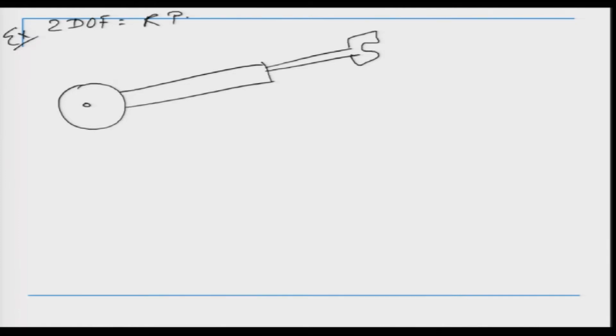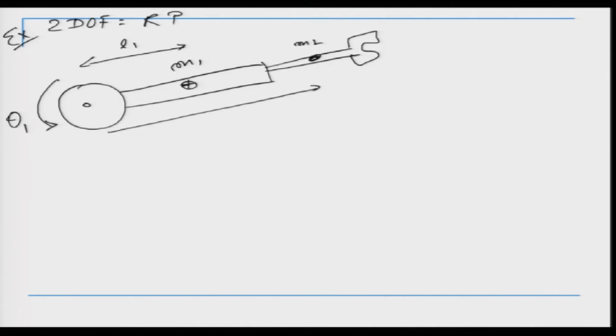My revolute joint is this joint, which is rotating here, which has an angle θ1. Let us say the mass m1 is concentrated at the CG, and the distance from here to here is L1. Link 2 has the mass m2 concentrated here, and let us say the distance from here to here is d2. And gravity is acting in this direction.